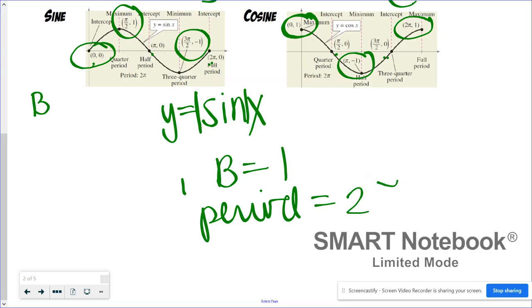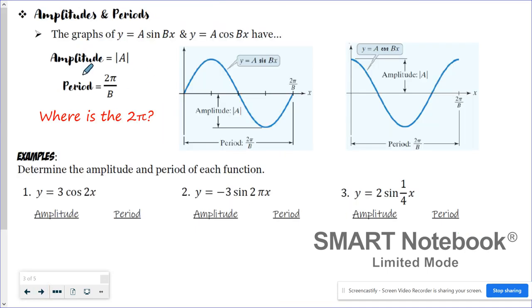So if I'm identifying the period of the function given its formula, then I need to take whatever that b value is, and I need to go 2 pi divided by b. And that's what this is saying here.